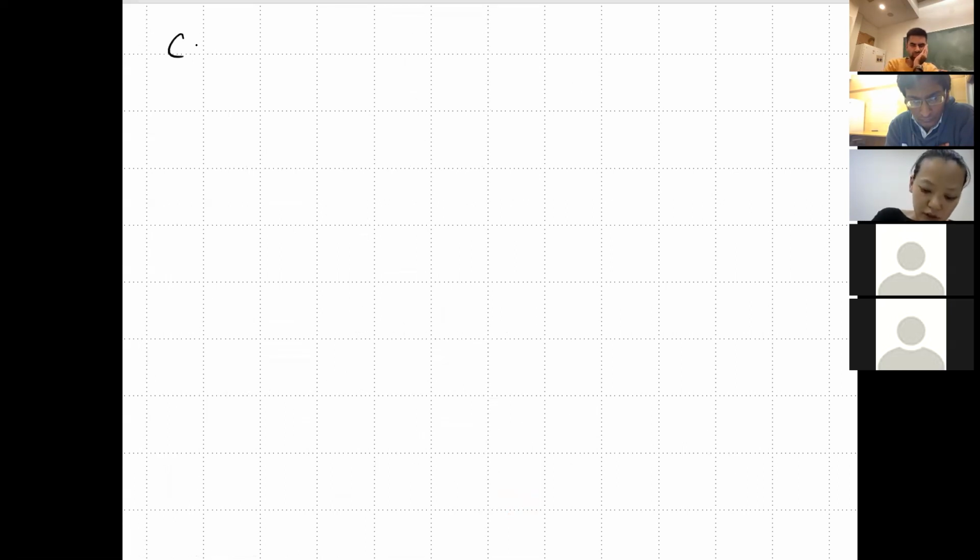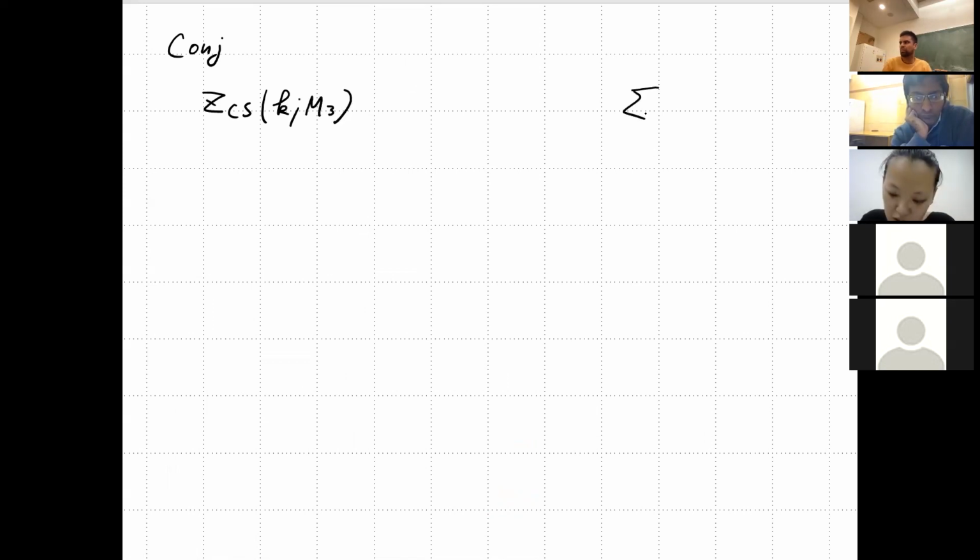And moreover, it's supposed to get related to the WRT invariant by doing two things. The first thing is to take the limits of tau going to 1 over k of such a function.